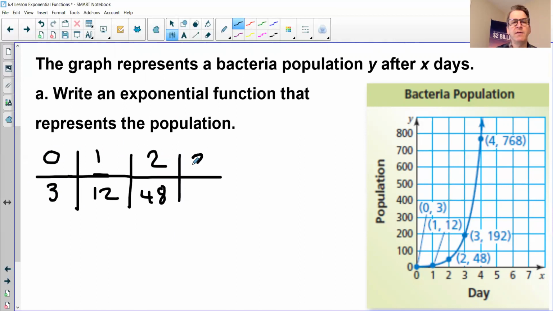Day 3, we are at 192. And the 4th day, bacteria jumps to 768.